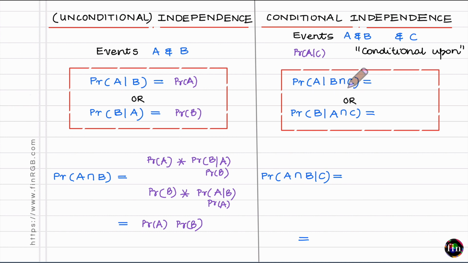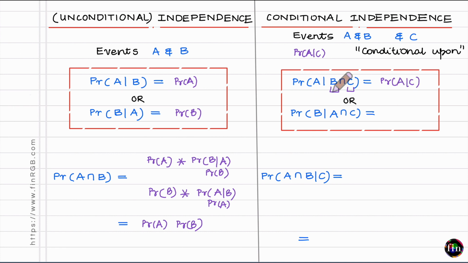It means that I was already assuming that C has happened, and you are now telling me that B has also happened, right? In the light of this information that both B and C have happened, if A and B are conditionally independent given C, this information that B has happened is actually useless in determining, or let's say altering, this conditional probability of A given C. Therefore, this can simply be written as the probability of A given C.